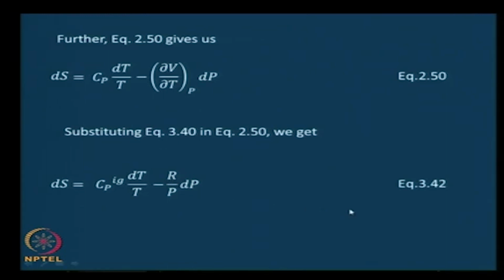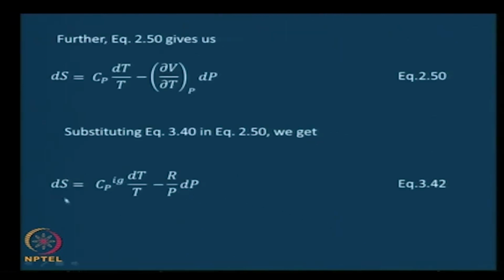We will call that equation 342, and therefore, we have dS for an ideal gas in terms of easily measurable quantities.